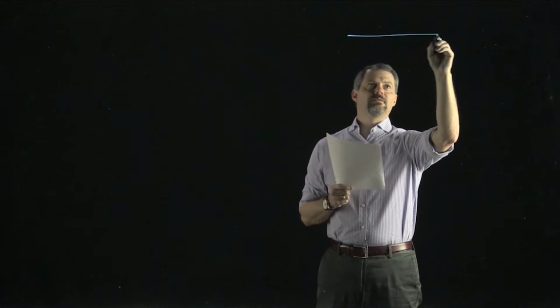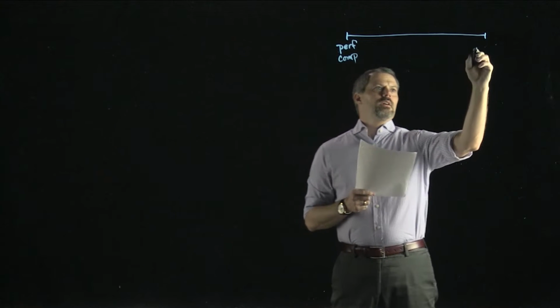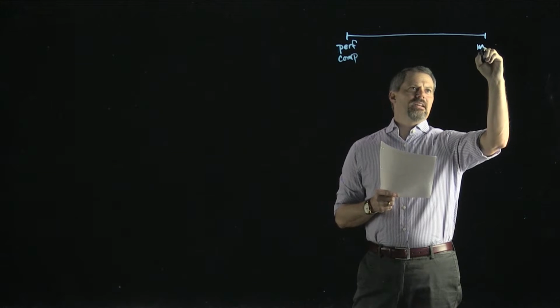In this video, we're going to talk about the last type of market structure that we're going to think about in the class, and that's monopolistic competition. So let's just talk briefly about where that fits in. We've got perfect competition here. We've got monopoly down here.